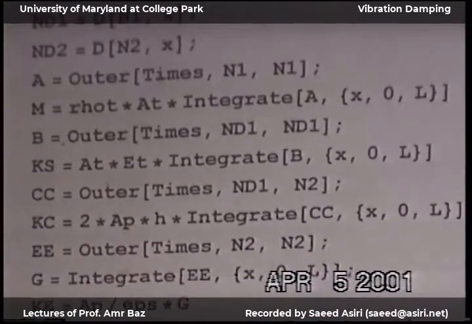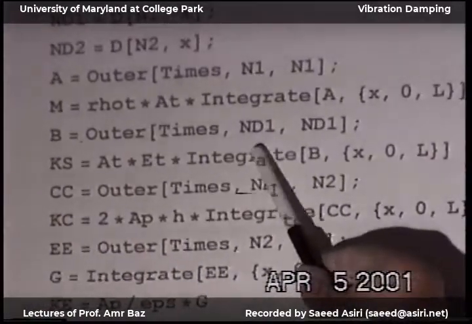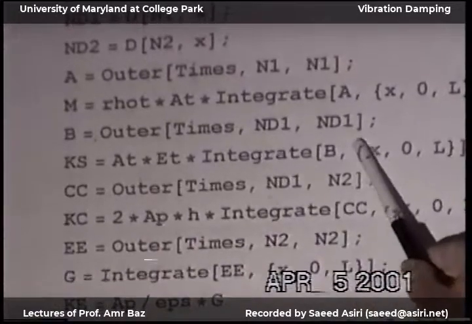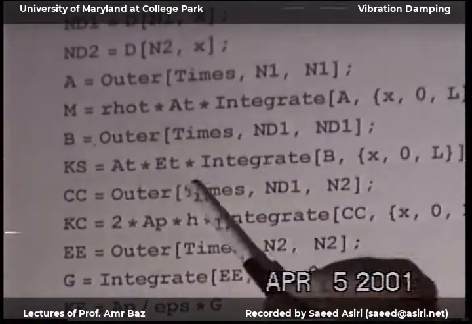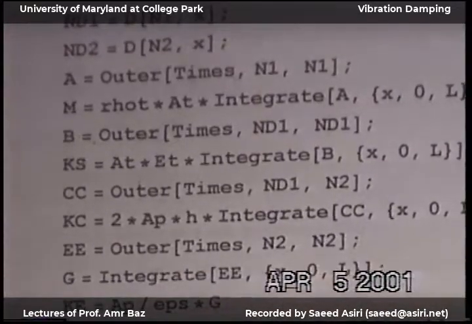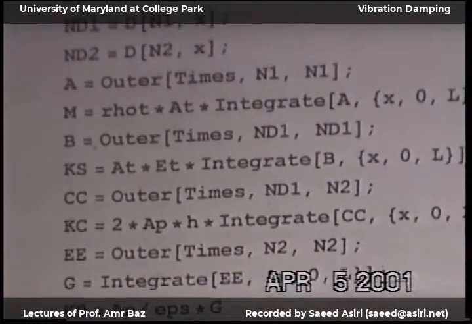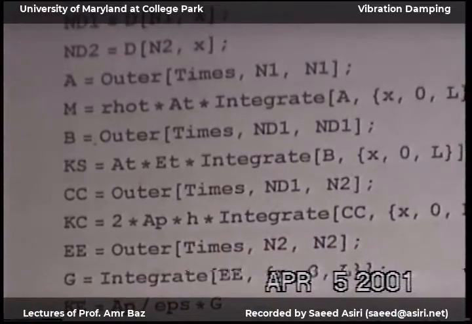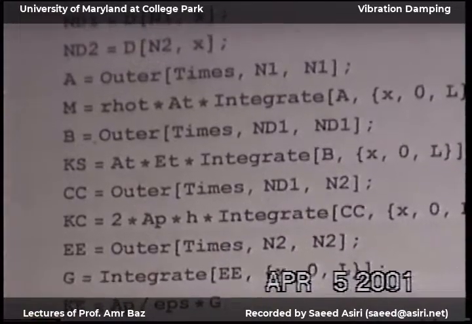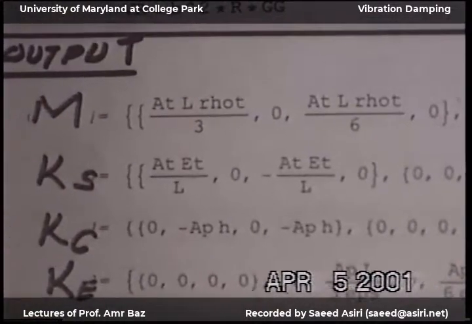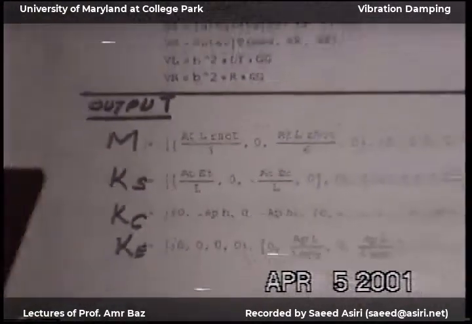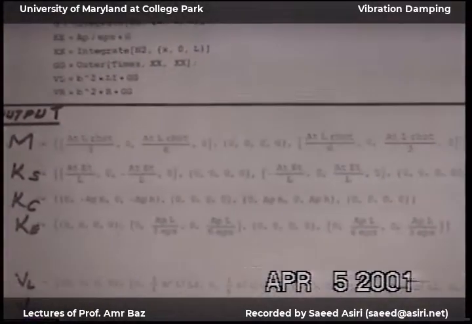So now I make the outer product ND1, ND1, get the product, integrate it, multiply it times the area, and so on. The final result is all these 6 matrices that we have, and each one of them in terms of all the properties of the rod as well as the piezoelectric material.